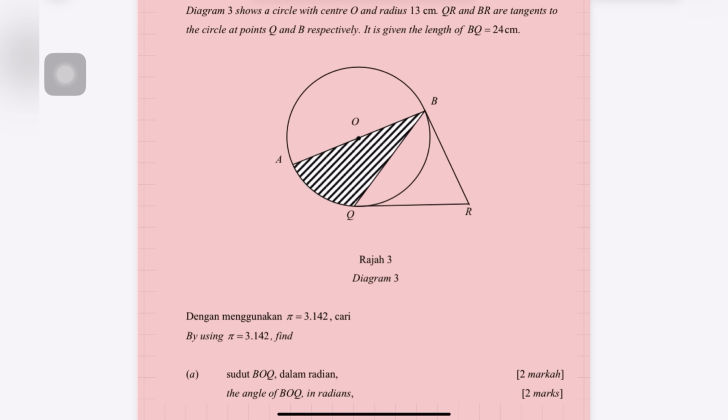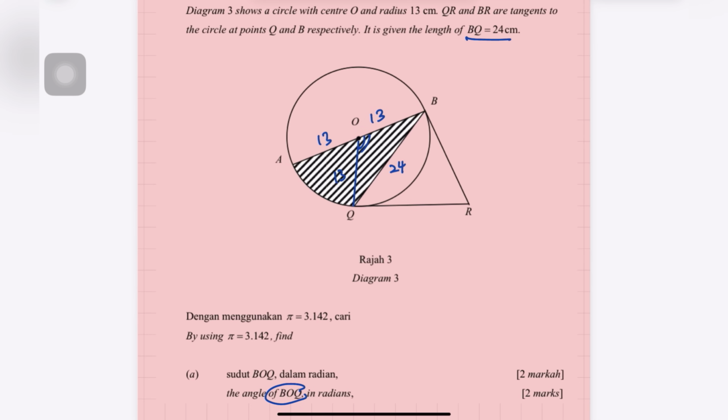The circle radius is 13, so this is 13, and OQ is a radius as well, so this is 13 as well. The chord BQ equals to 24. The question asks to find the angle BOQ.